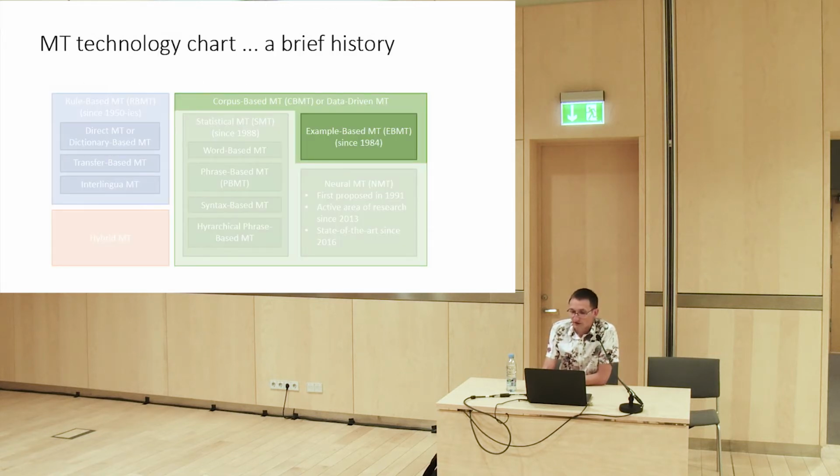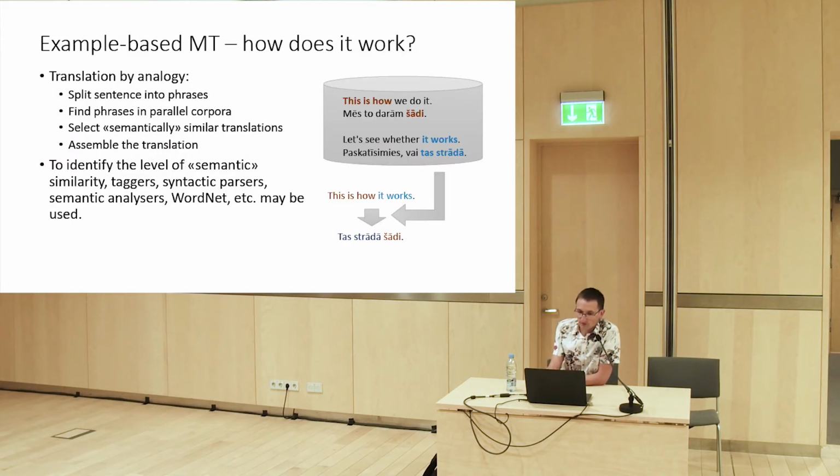So the next paradigm that was proposed was example-based machine translation. Instead of crafting translation rules, we use data and let the system learn to translate itself. Example-based machine translation is also called translation by analogy.